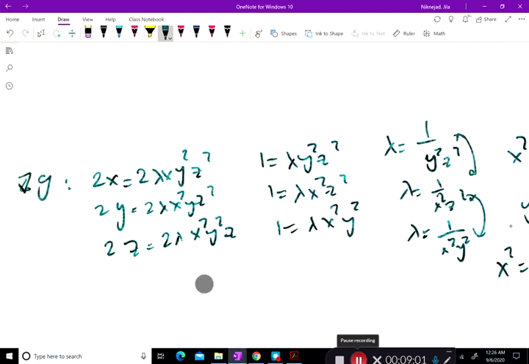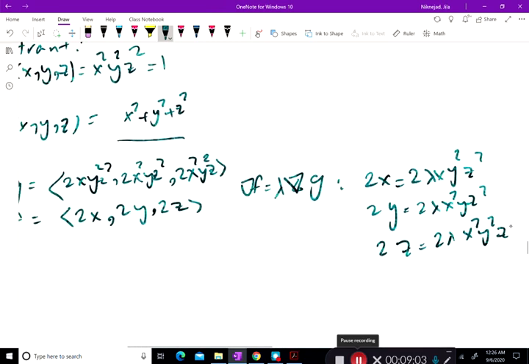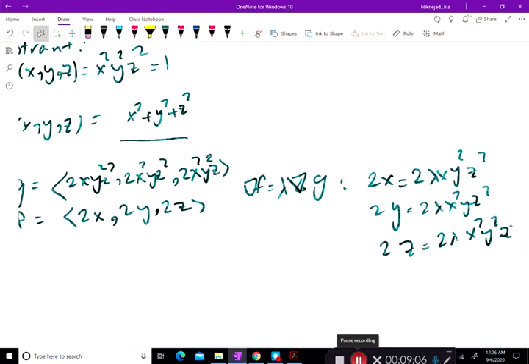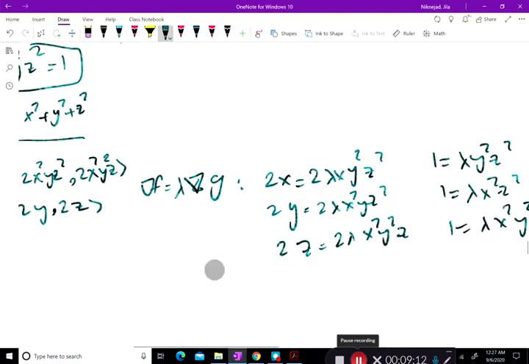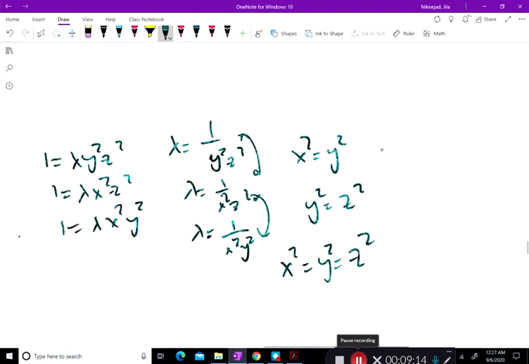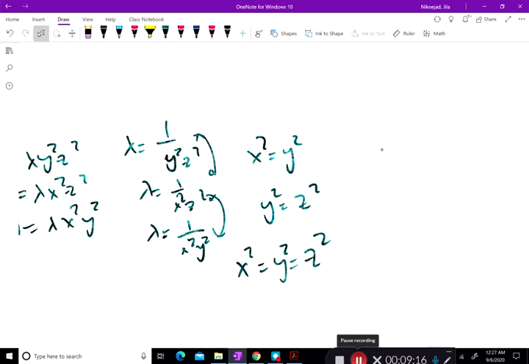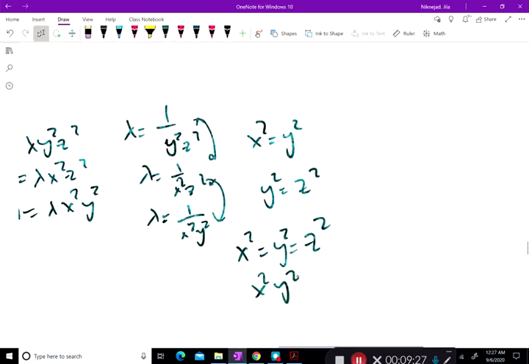So that was the solution out of the first 3 equations. But that's not good enough. We need one more equation. What is that one more equation? An equation of the constraint. So I have the equations related to the gradient, and then I need this one: x² + y² + z² equal to 1.